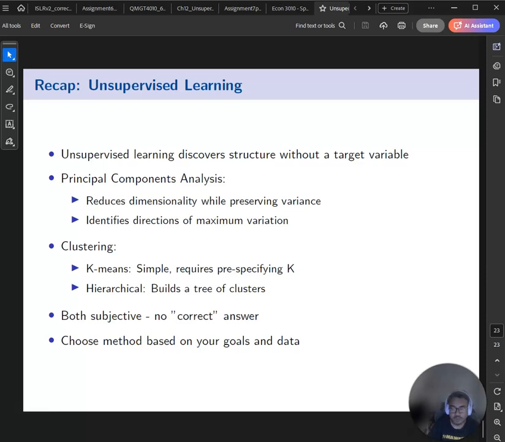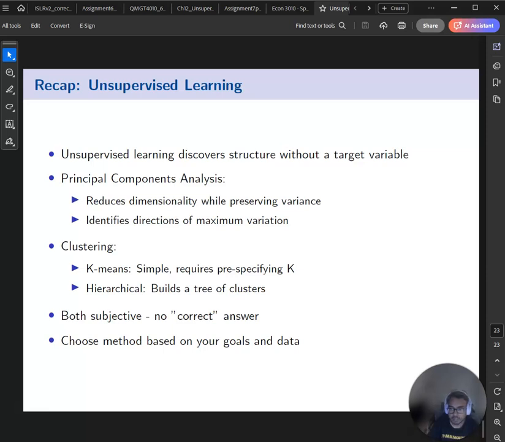So let's wrap up our discussion with a quick recap of the key points. Number one, unsupervised learning is all about discovering structure in our data without the guidance of a target variable. Unlike supervised learning, there are no correct answers that we are trying to predict. We are exploring the inherent patterns within the data itself.